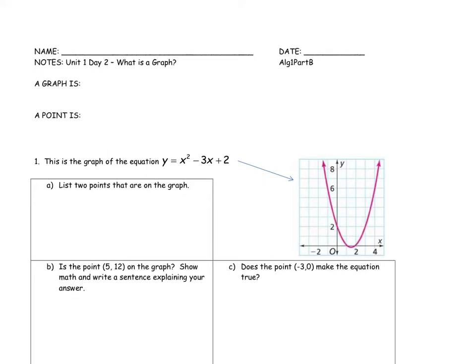Hey everybody, in this video we are going to talk about what a graph is. So last class we talked about coordinate pairs, or points on the coordinate plane, having an x and a y coordinate. A graph is made up of all of the points that make an equation true.